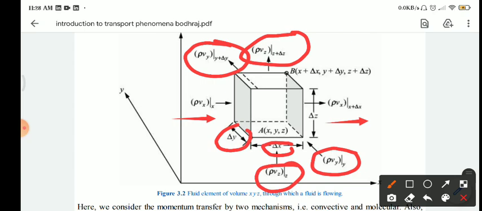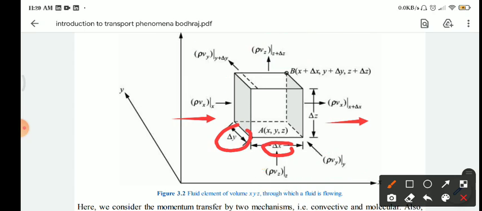At a point where the velocity profile can be more easily understood, point b, the coordinates are x plus delta x, y plus delta y, and z plus delta z. At that point we have to find the velocity profile.